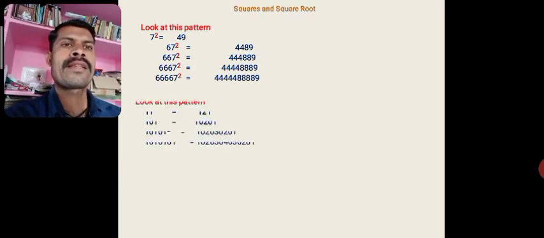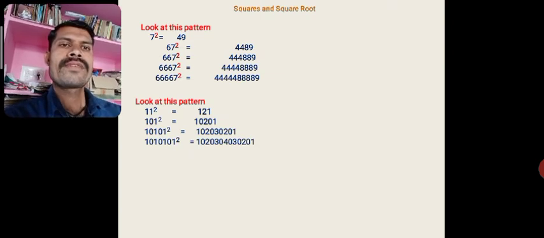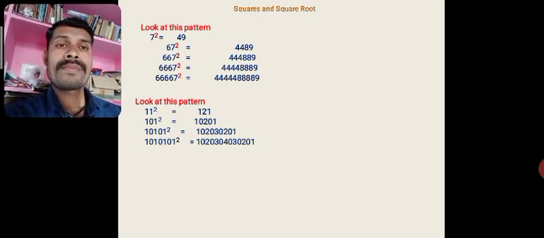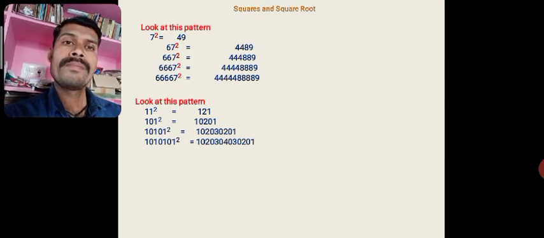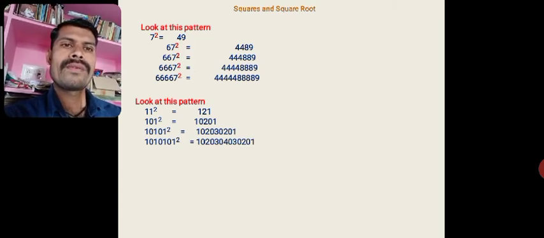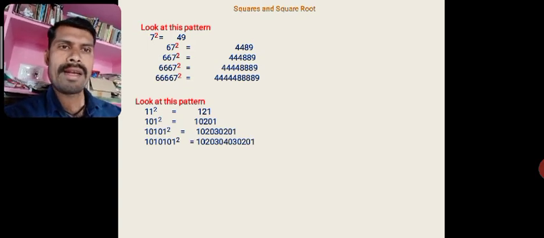Some more patterns are like this. You see, 11 square, we discussed, is 121. 101 square is 10201. You see, this is also a palindrome. Now 10101 square. Now you see what is happening: 102030201.